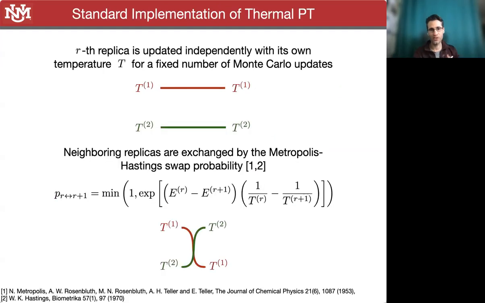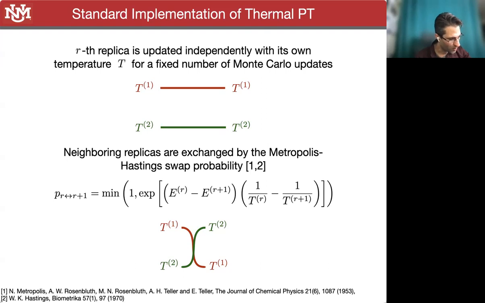So because we're going to need it, let's dig in a little bit into the details of how parallel tempering works. As I said, the first part of the algorithm is to just evolve the systems independently. So if you're simulating one replica at temperature T1, you just simulate it for some fixed number of steps. Same thing for the system at temperature T2.